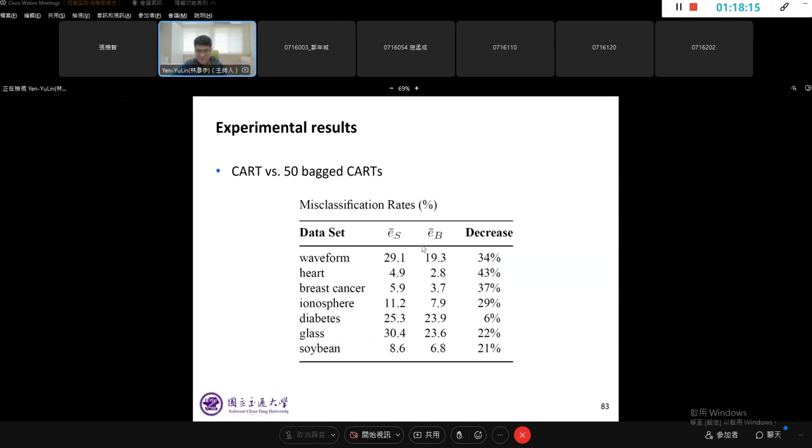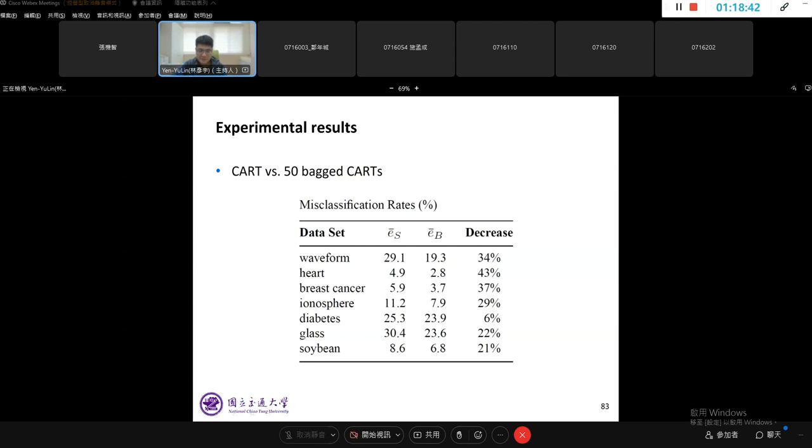So the improvement is significant. We can calculate the relative decrease in the error rate. 34% is quite significant. Similar observation can be found in the other 6 data sets. The relative improvement is very significant.